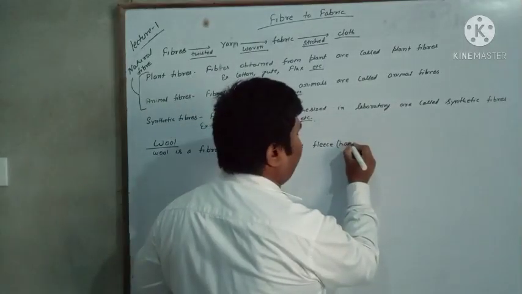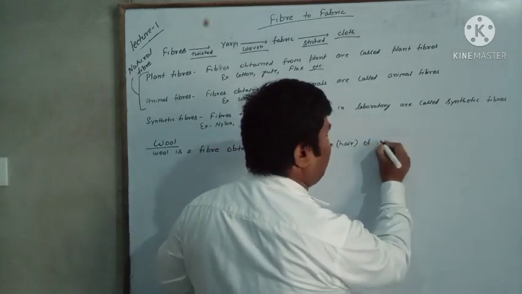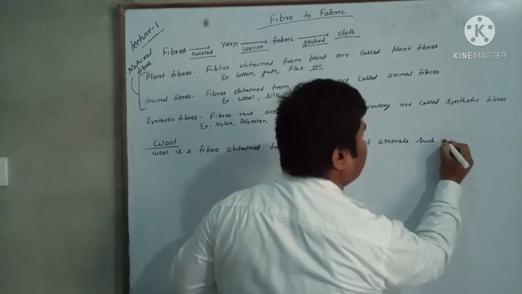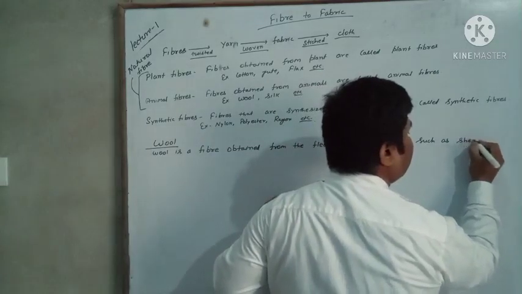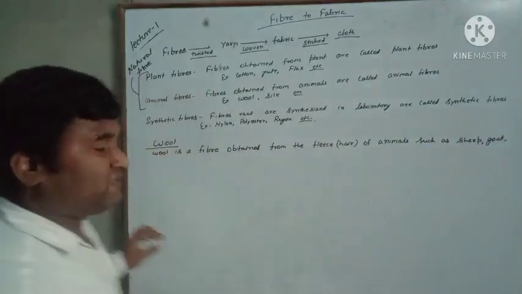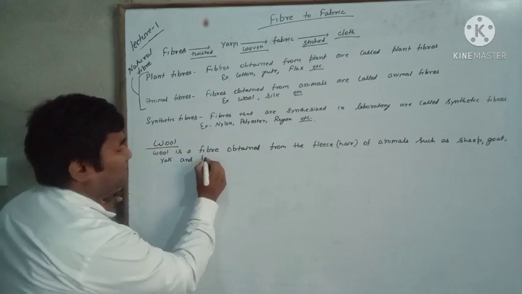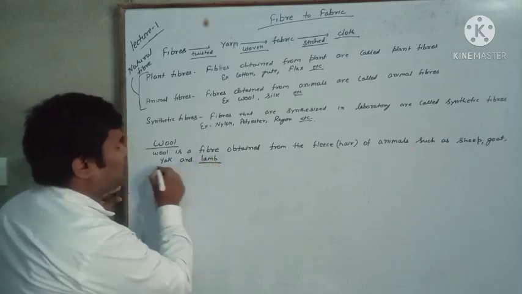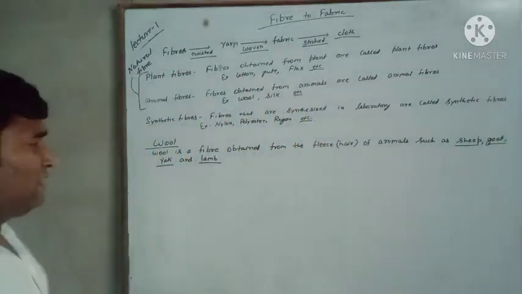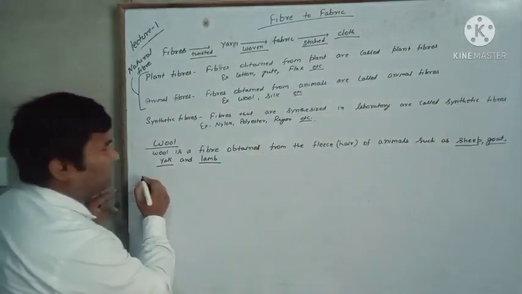So wool is a fiber obtained from the fleece of animals such as sheep, goat, yak, and lamb. These are the four animals from which we get wool fiber, but mainly we get wool from the sheep.